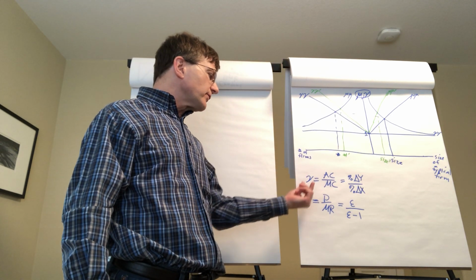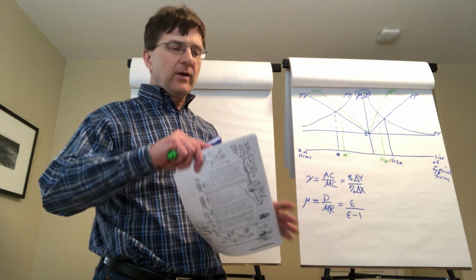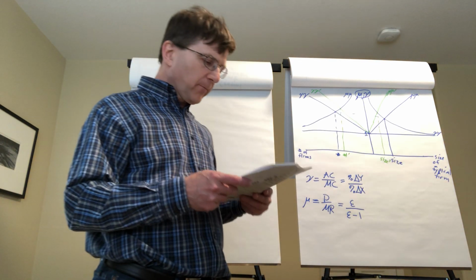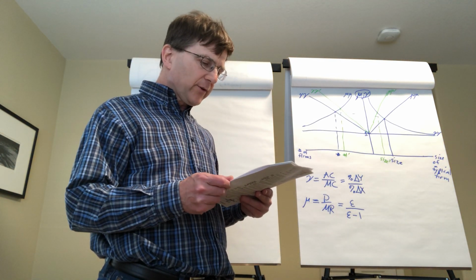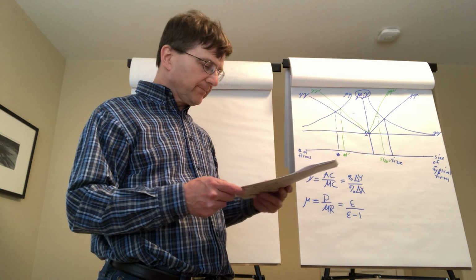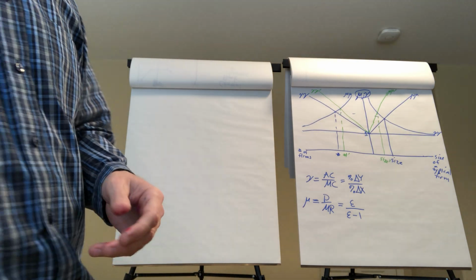More degree of returns, higher degree of returns to scale, higher markup ratio. Okay, so that basically answers question 7. Answer B was a lower number of firms and a lower output of the typical firm. That works perfectly well. All right, let's go to the next one.